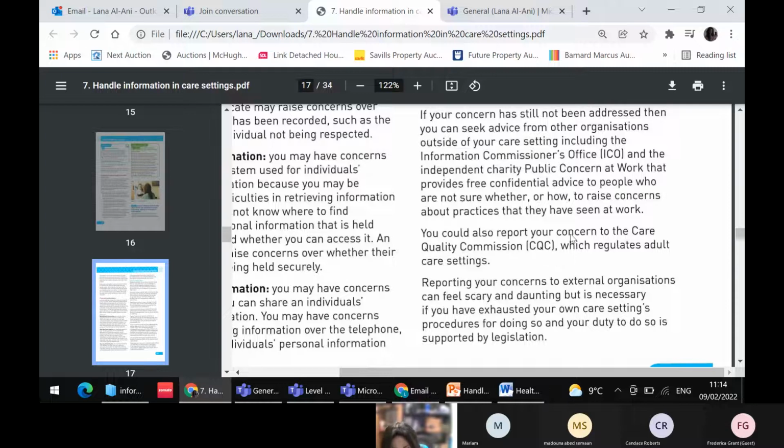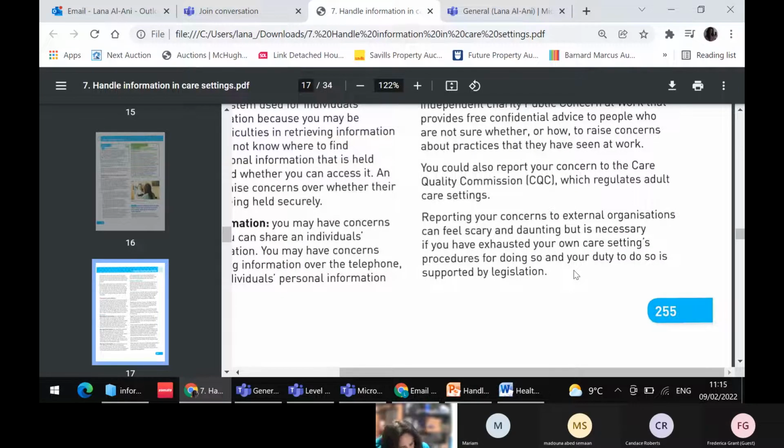You could also report it to the Care Quality Commission, CQC, which regulates the adult care setting. Reporting the concern is very important, and follow it through, because if something happens, no one can blame you. You already reported it, you already followed it through.